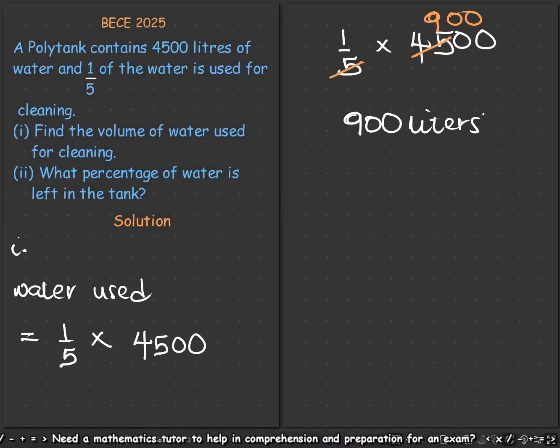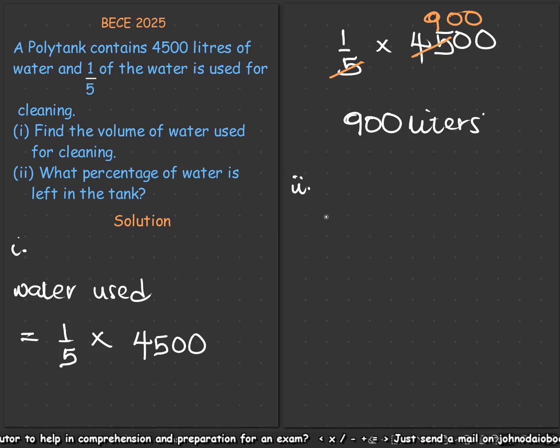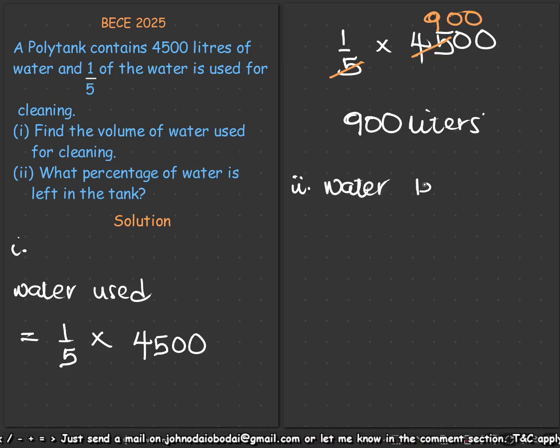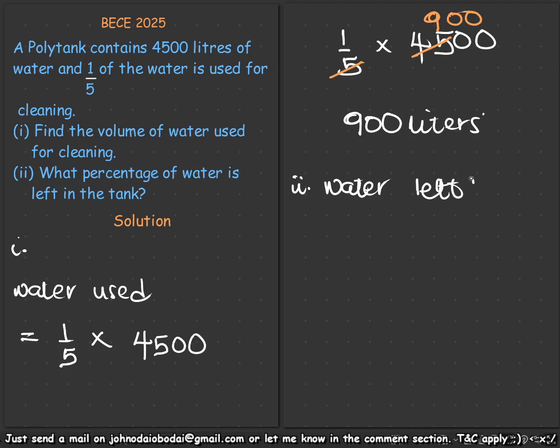You get it? Now, the second part of the question says, what percentage is left? So before we can get the percentage left, we have to look for the quantity of water that is left. And how do we get the water that is left?